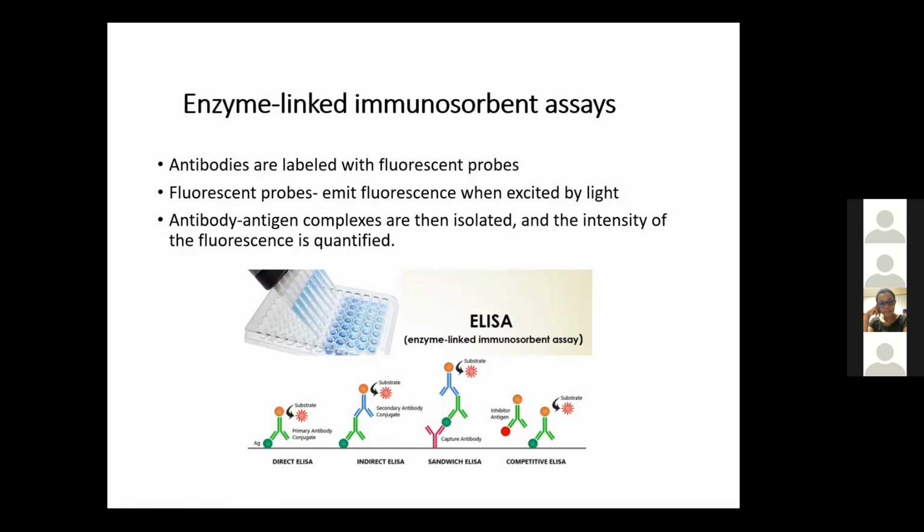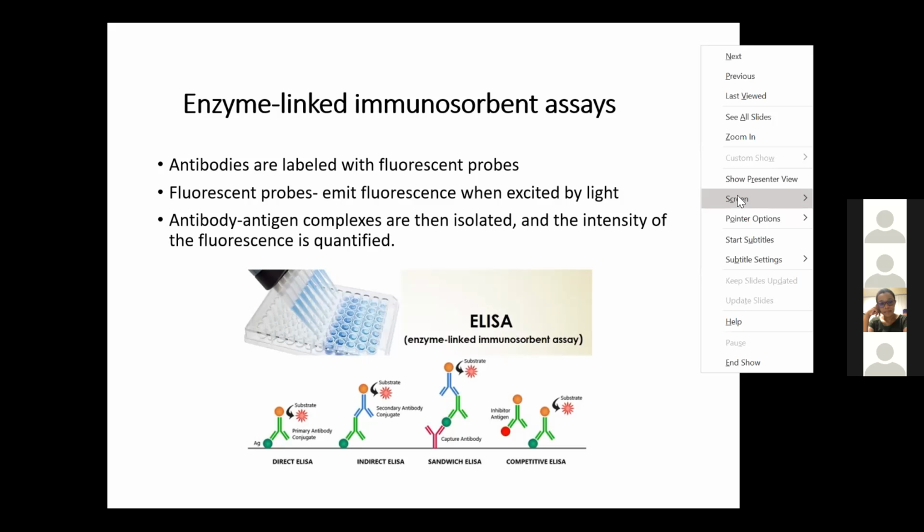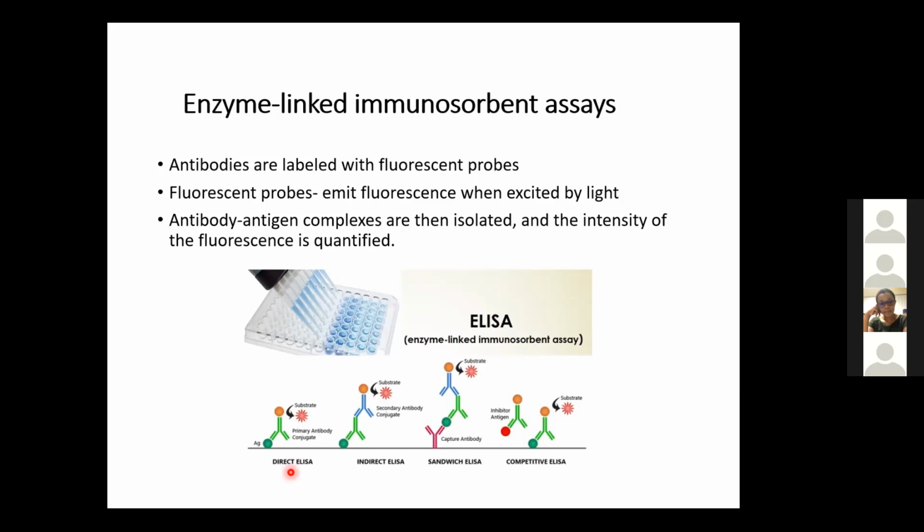And again, it's based on the principle that if you're running a direct ELISA, you have a plate, and you have your sample of interest and you're just adding your primary antibody. Some plates are coated and some are not coated.